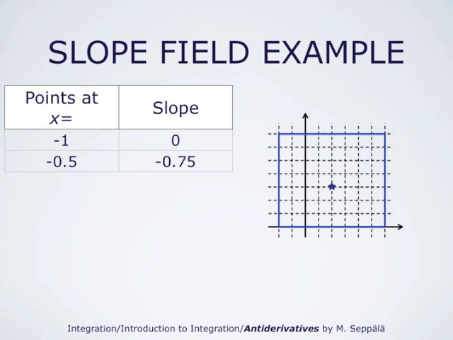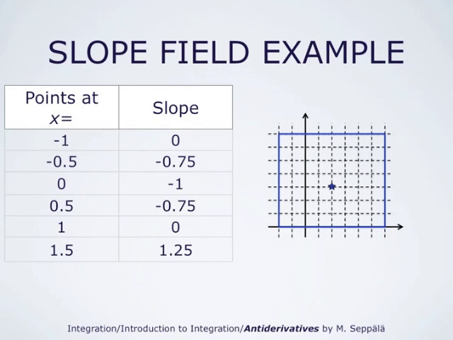If x equals -0.5, the slope is -0.75. If x equals 0, then x squared minus 1 is -1. Therefore, the slope is -1. If x equals 0.5, the slope is -0.75. If x equals 1, the slope is 0. If x equals 1.5, the slope is 1.25, and so on.